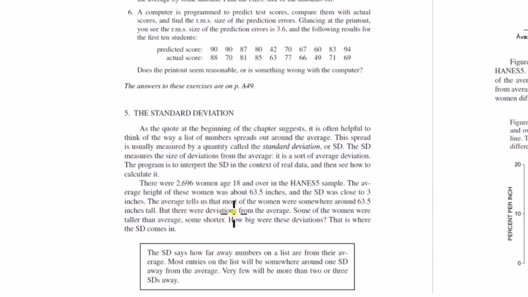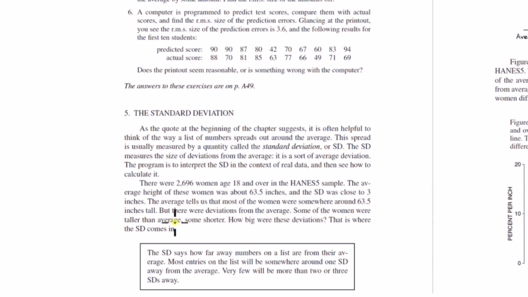The average tells us that most of the women were somewhere around 63.5 inches tall. And the median would tell you the same thing. Remember, the median and the average are two ways of describing the center of the list of values. So you could also cross out average and put median here, and that would make sense as well. But the average tells us that most of the women were somewhere around 63.5 inches tall, but there were deviations from the average.